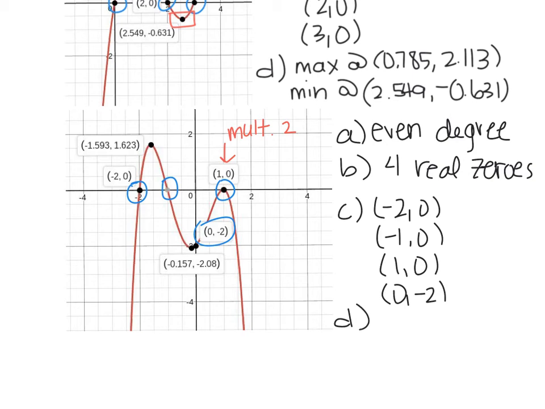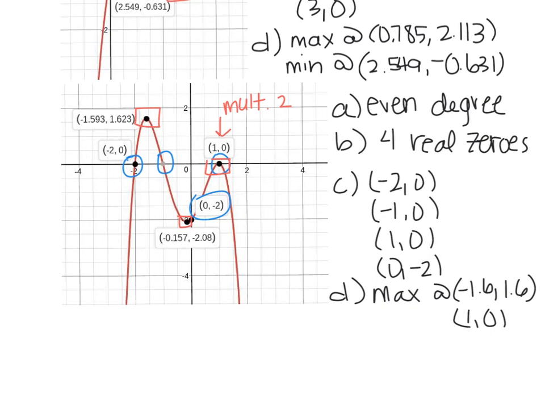And lastly, we want to look at any maxes or mins, so any turning points. So we have 1, 2, 3 turning points in this graph, 2 of which are maxes. So we have a max at (-1.6, 1.6). I'm only going to write 1 decimal place for this one. And then our second max is at (1, 0).